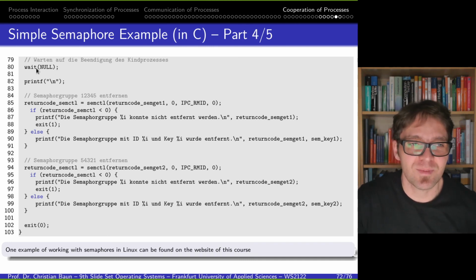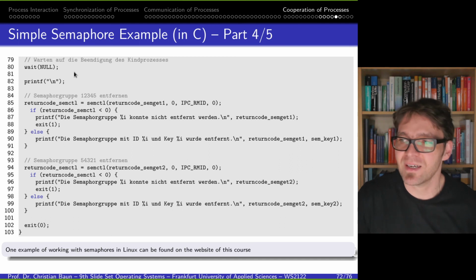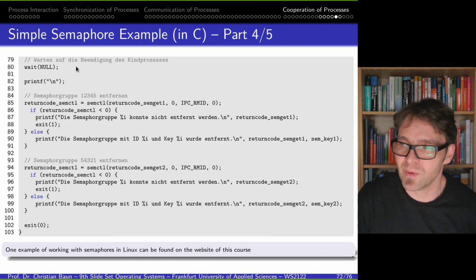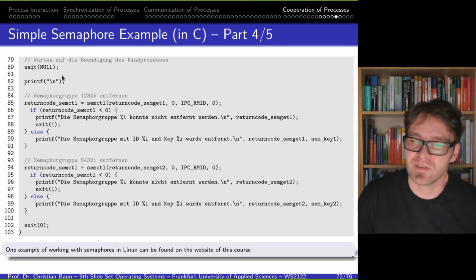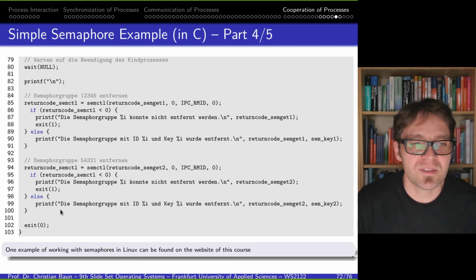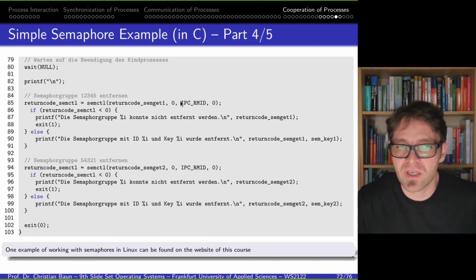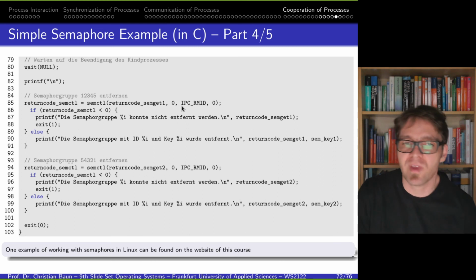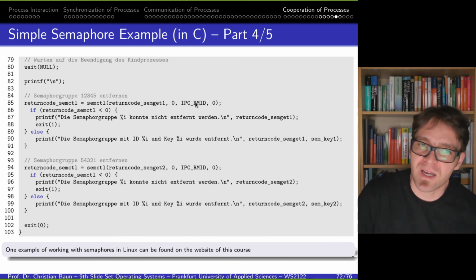Next, we will wait until the child process has been terminated, and we try to erase our semaphore groups with semctl. In lines 85 and 94, we try to remove the semaphore IDs.